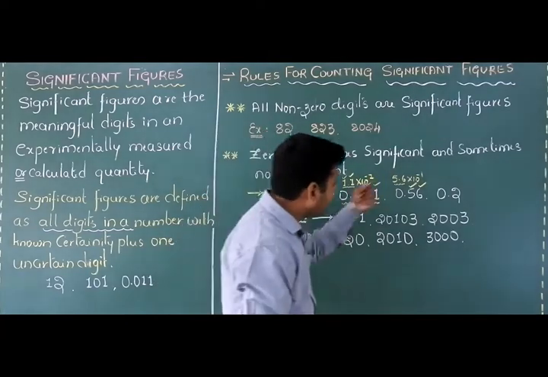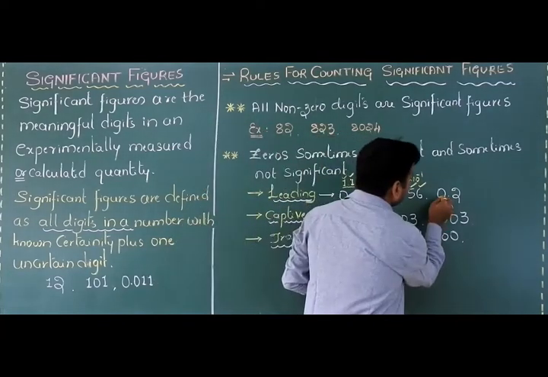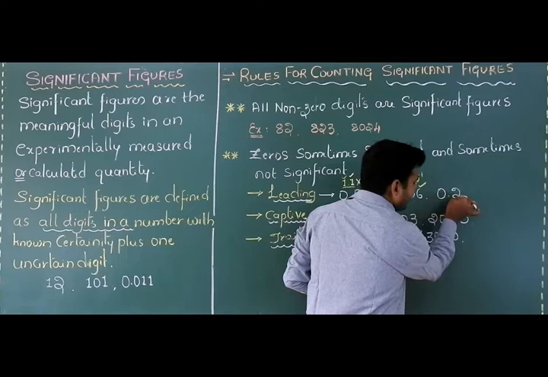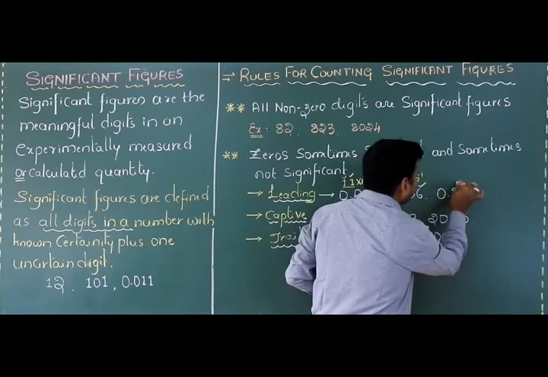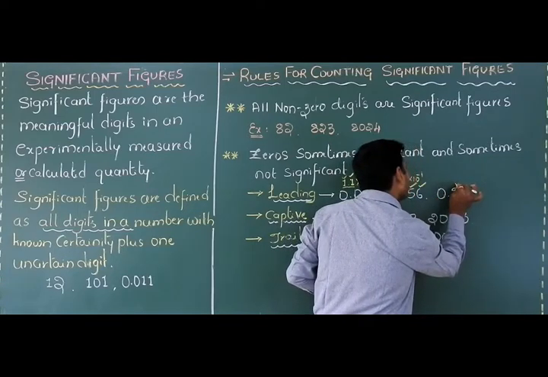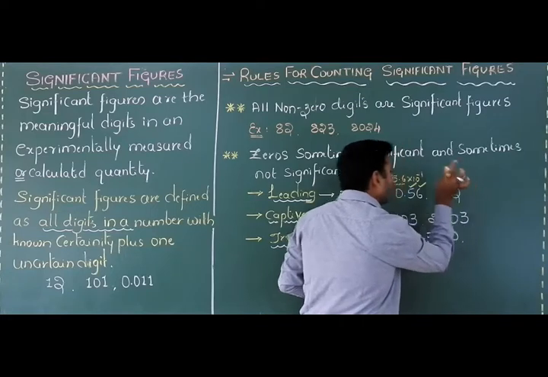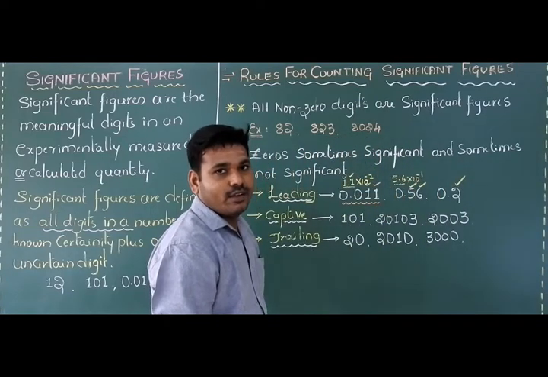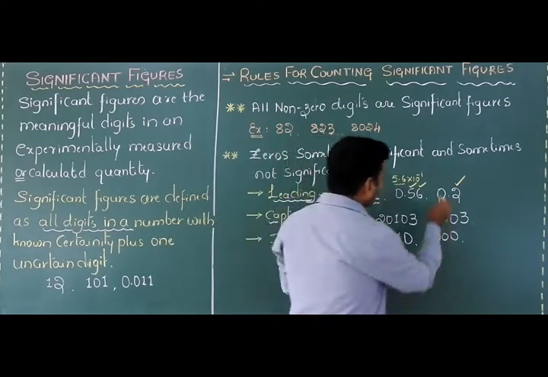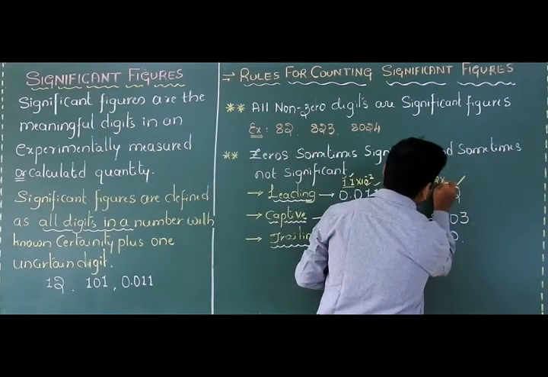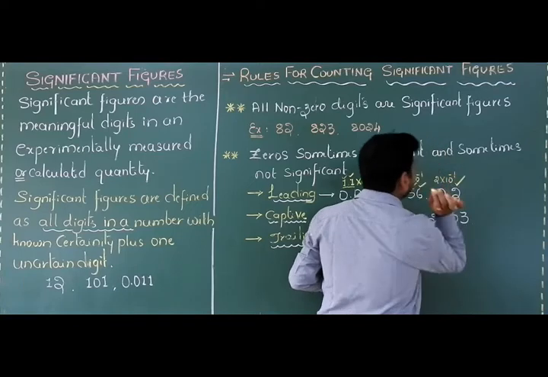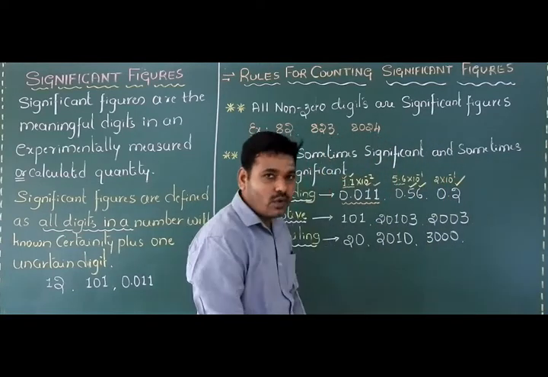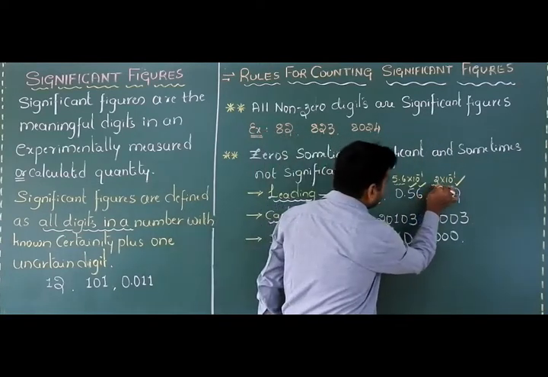And similarly in the third example, 0.2, how many significant figures are present here? Only one significant figure is present in this given number. Express this number in scientific notation, you will get 2 into 10 raised to minus 1, and only one non-zero digit.